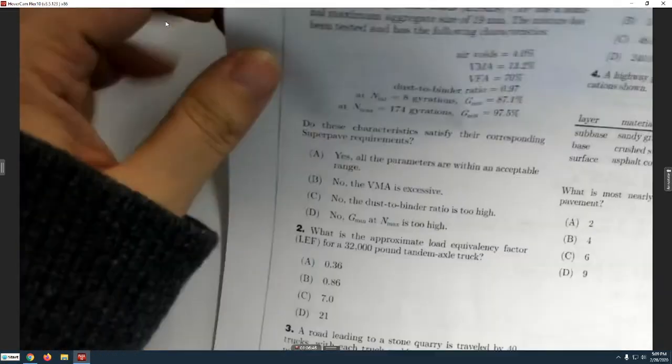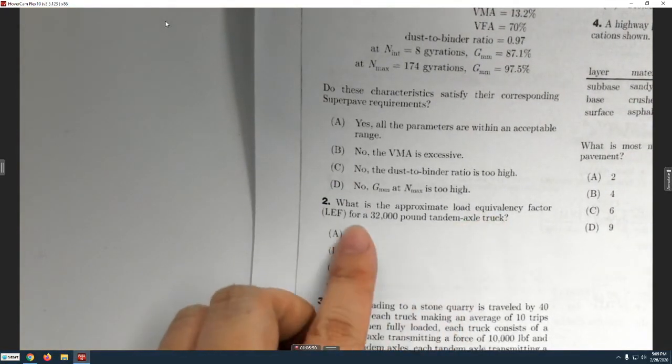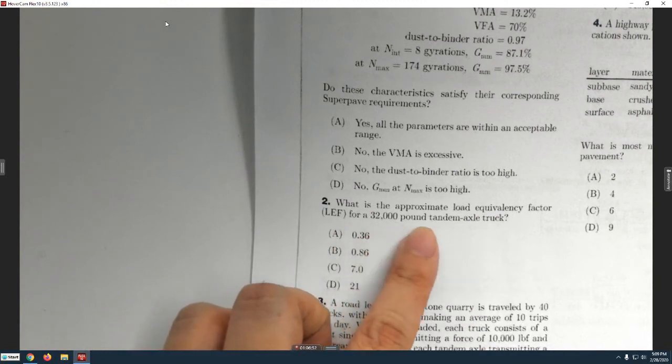This one, what is the approximate load equivalency factor for a 32,000 pound tandem axle truck?